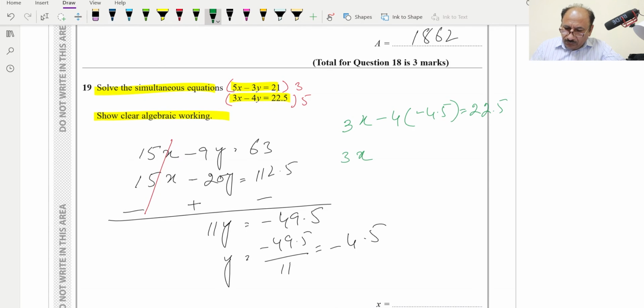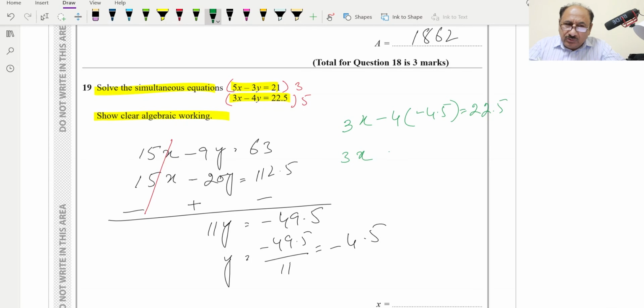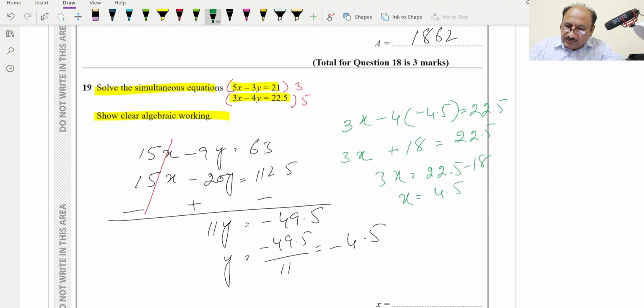So 3x minus 4 multiplied by minus 4.5 will be equal to 18. So this will be plus 18 is equal to 22.5. So 3x is equal to 22.5 minus 18, which will be equal to 4.5. So x will be equal to 4.5 over 3.